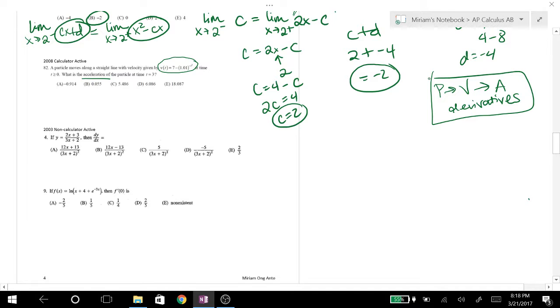So to get acceleration at time t equals 3, we need to get the derivative of velocity, then plug in 3. Well, the setup of that is v prime of 3. So use your calculators to solve this.